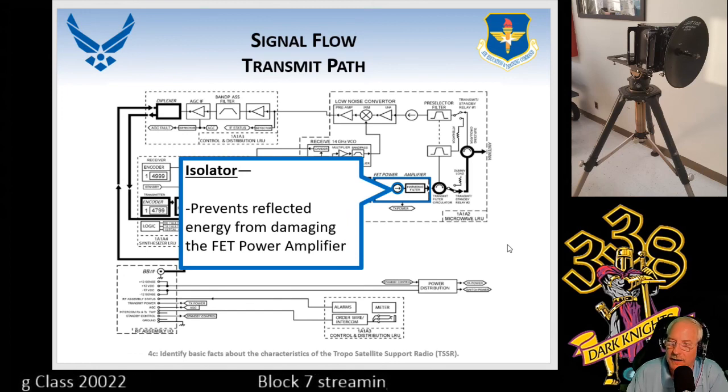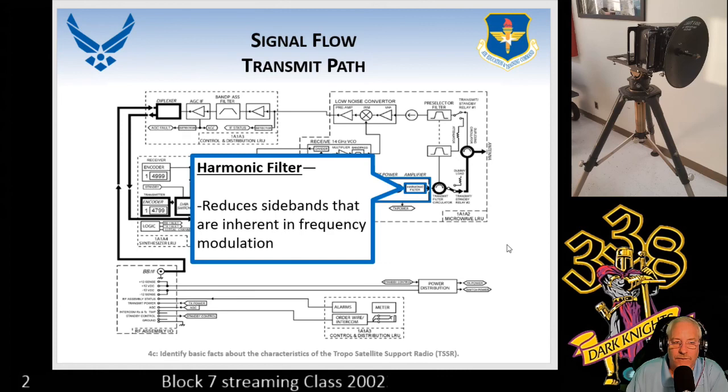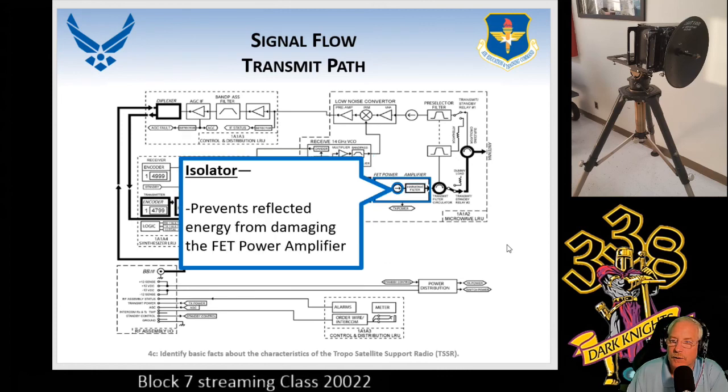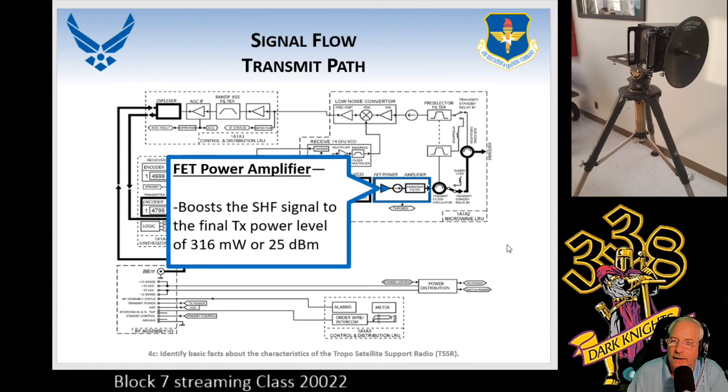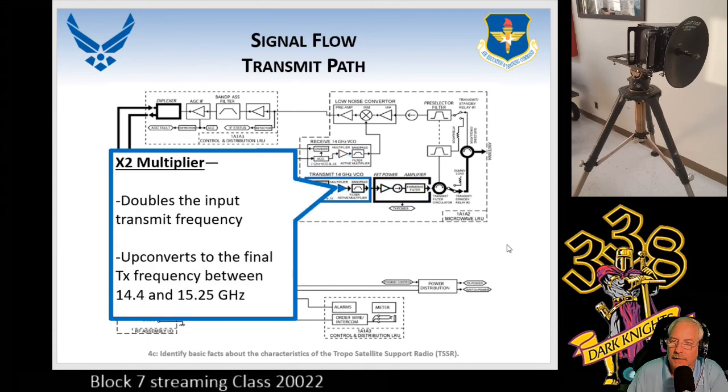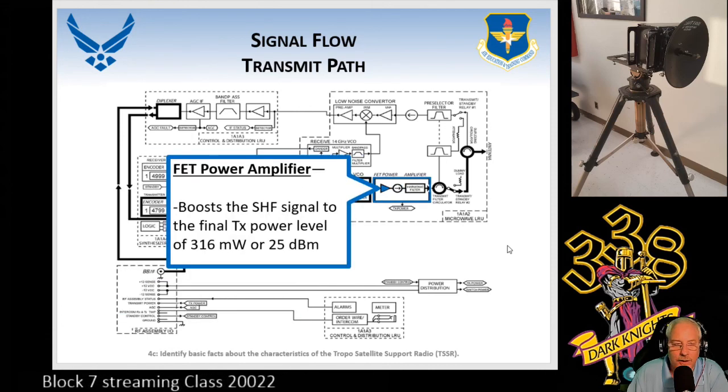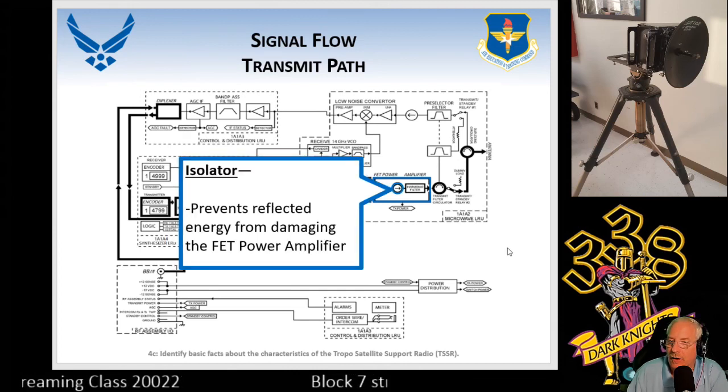Here's the isolator. We're going to prevent any VSWR from getting back into the area where everything's being generated. Our harmonic filter, because we were at this FET, remember I told you back here you were going to generate harmonics? When you get into a FET, that's where a lot of amplification happens, and you're going to generate harmonics.